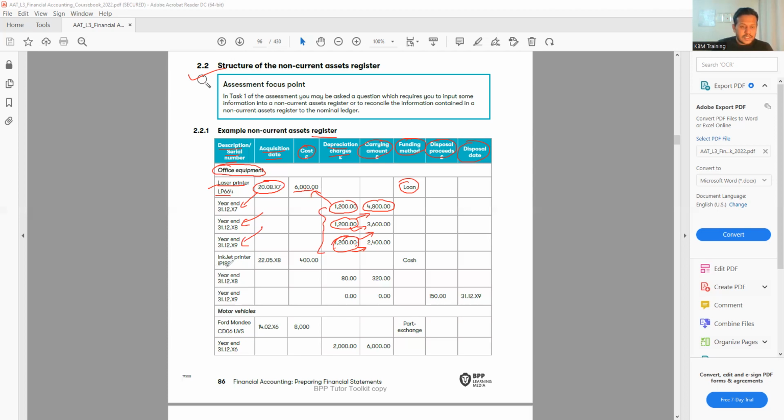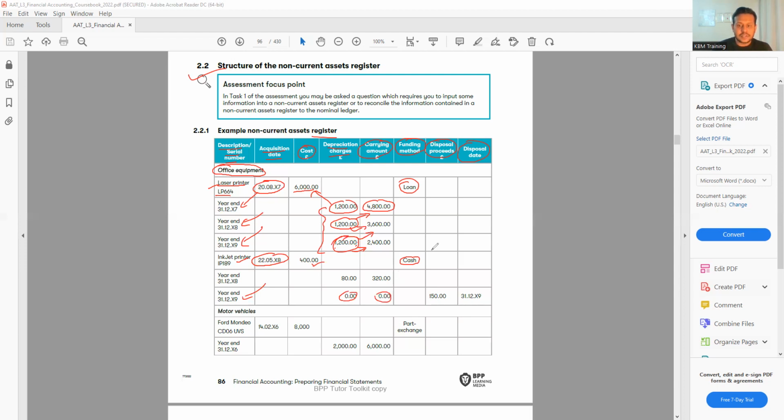Next one, we can see here we have an inkjet printer. The acquisition date, the date we bought it, is 22nd of May, cost is 400, and we bought through cash. Year end, depreciation charge 80, and the carrying amount 320. Then next year we can see there is no depreciation and no carrying value because we sold the asset.